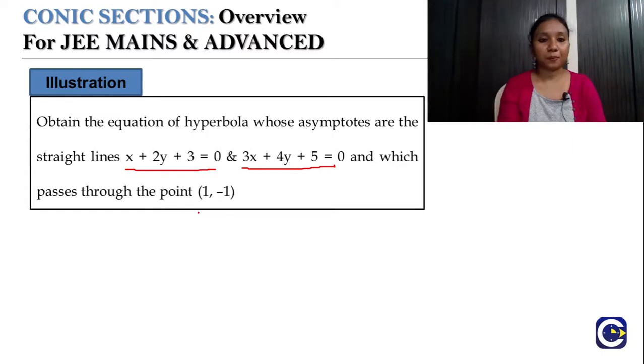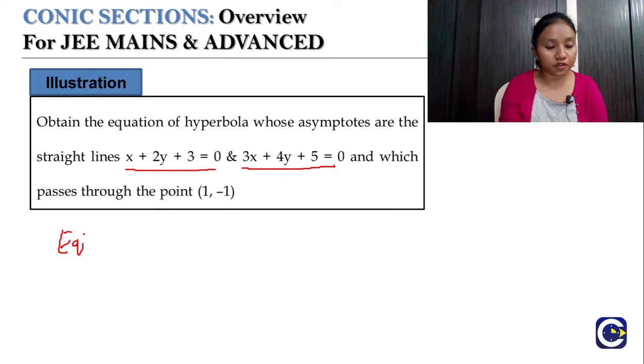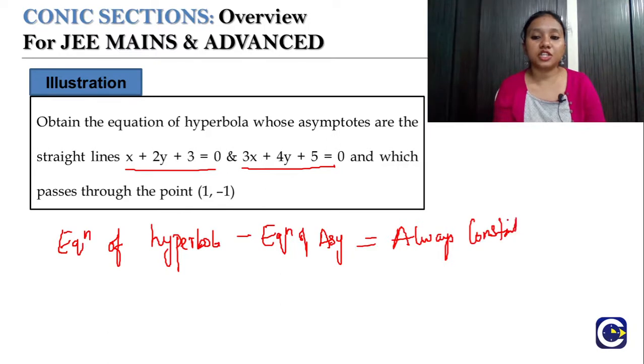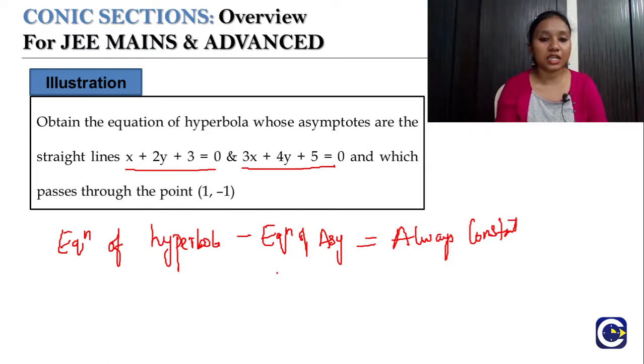Right. So just now in our results, we have seen the relation, that is equation of hyperbola minus equation of our asymptotes is always constant. So we can actually apply this condition here. So equation of our hyperbola minus the equation of asymptotes will be always constant.